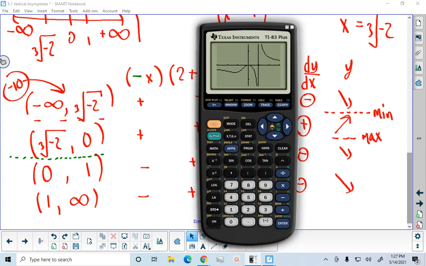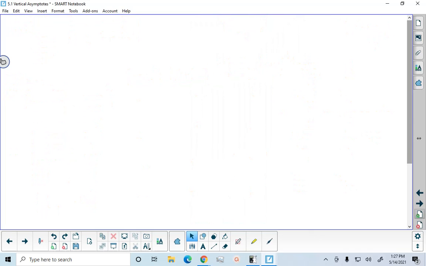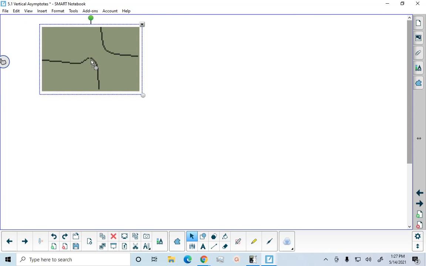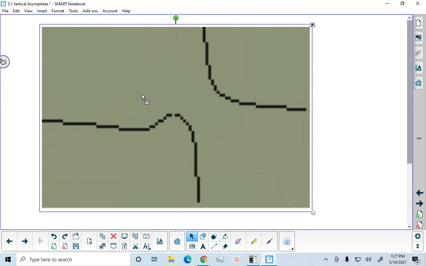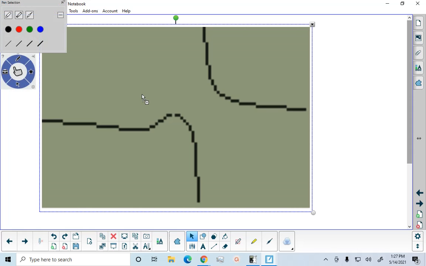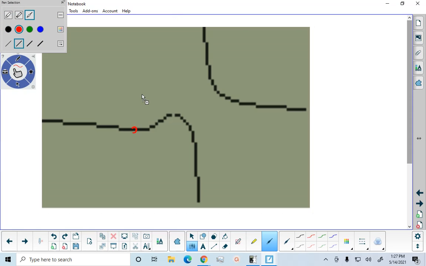Right? I'm going to remove the axes from the view. And I'm going to go zoom decimal. Don't worry about why I'm doing this. You can see that at this point, right here, there's a minimum.